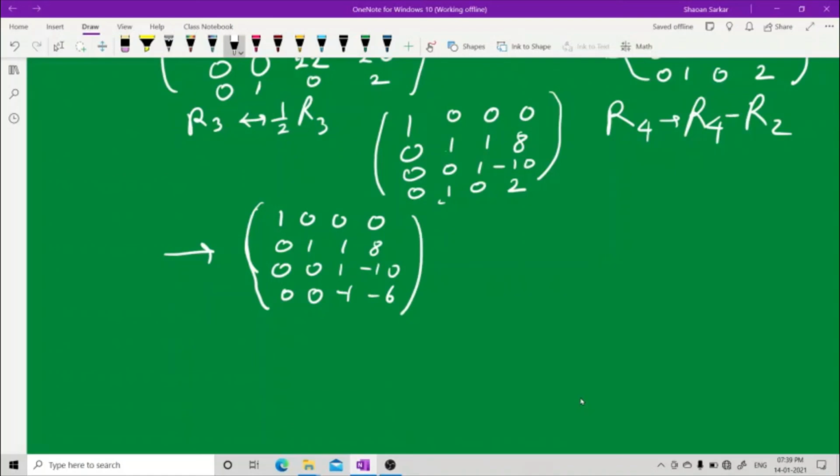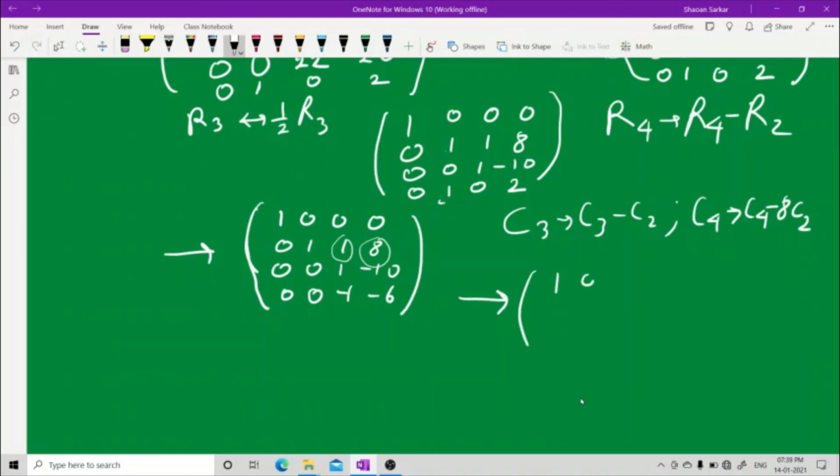Now you got this. Now do one thing: make this 0, this one 0, and you make this 0. C3 is C3 minus C2, and C4 is to be replaced with C4 minus 8C2. Now you see what happens. Now you have 1 0 0 0, 0.